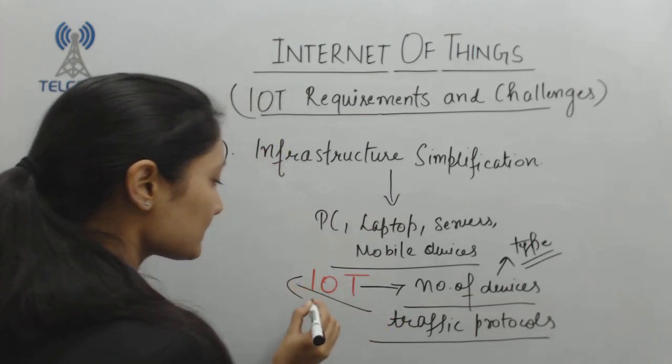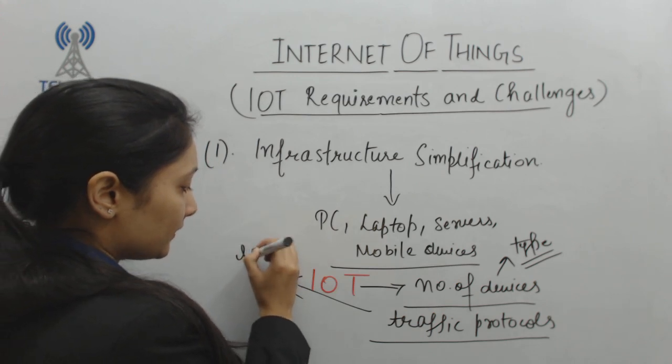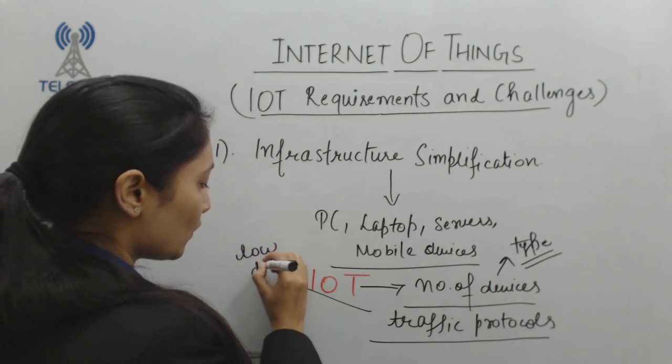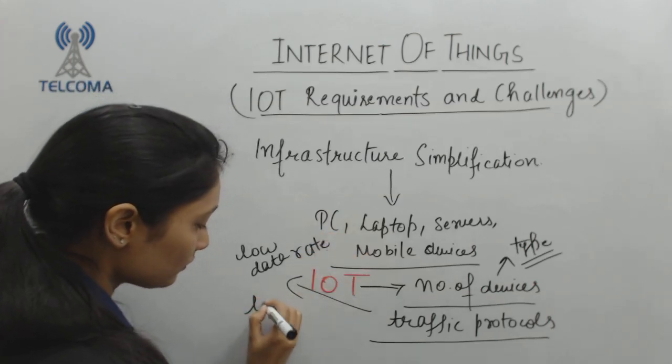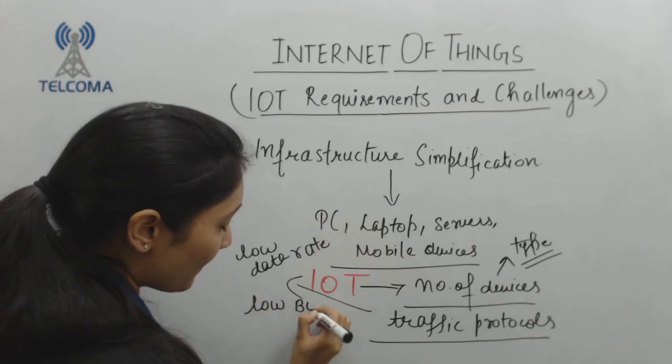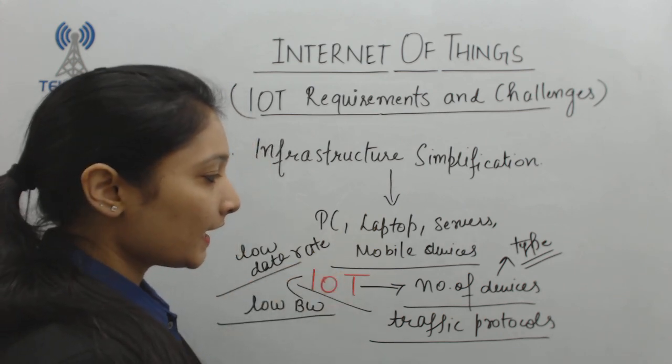Moreover, the requirements for your Internet of Things are that they require low throughput, low bandwidth, and energy efficiency here.